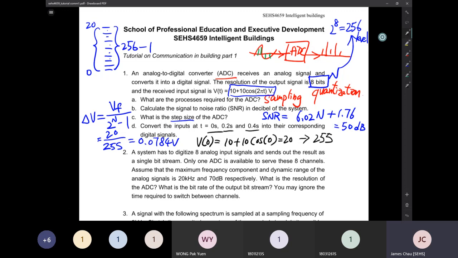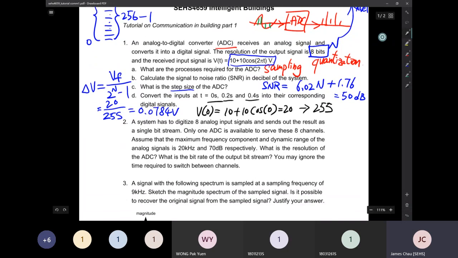Okay. Or you can use the formula that 20 over 0.0784. And you can give the answer equal to 255.